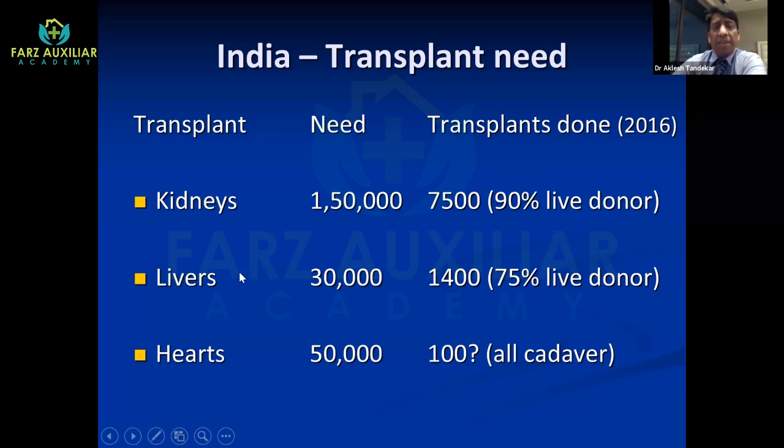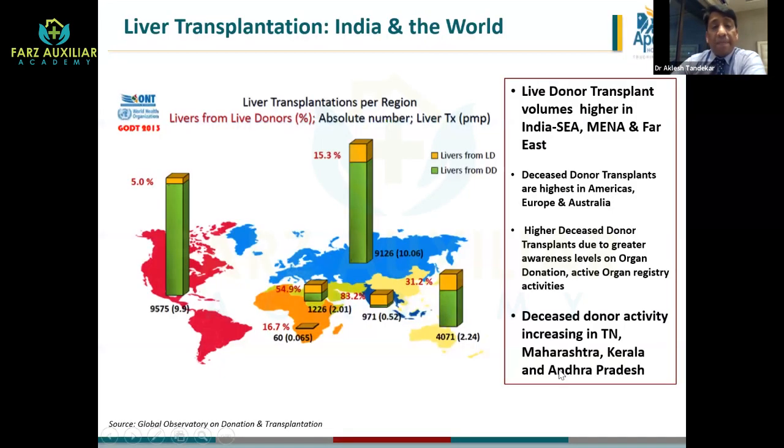In liver, the need is around 30,000, and only 1,400 livers are being transplanted, and 75% of them are from living donors. In heart transplantation, there is a need of 50,000 patients, out of which around 100 or fewer transplantations are happening, and there we have to remain completely dependent on cadavers.